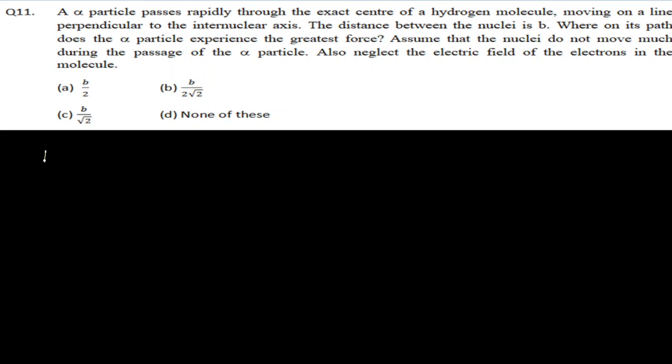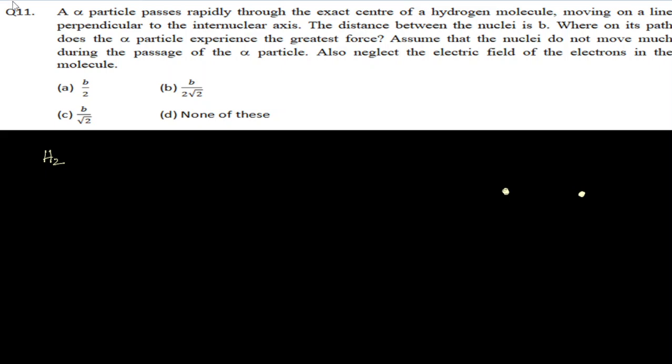So we know the hydrogen molecule is H2. H2 means we have two hydrogen atoms. So let me draw two hydrogen atoms here. One hydrogen atom here, another hydrogen atom here. These are the nuclei of each hydrogen atom. There will be one proton in each nucleus, because a hydrogen atom doesn't have any neutron in its nucleus.